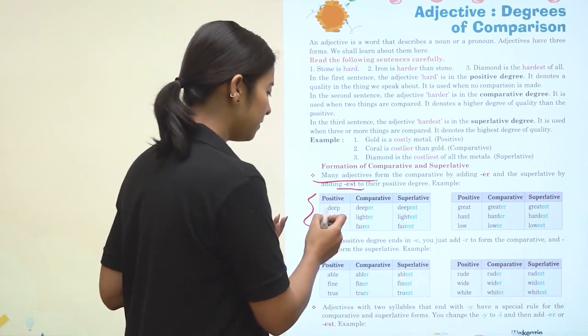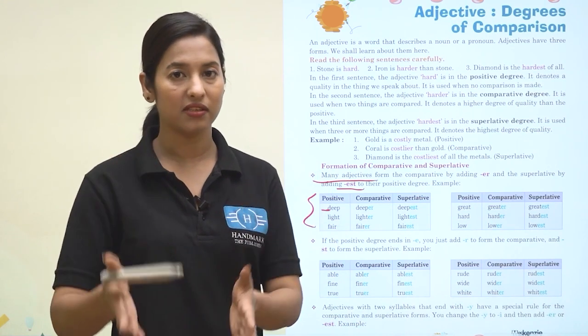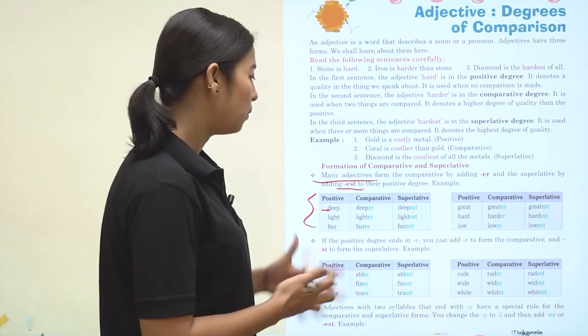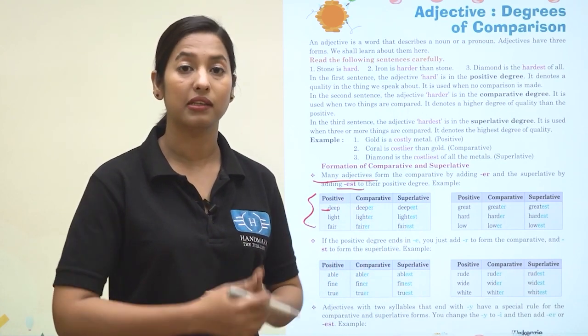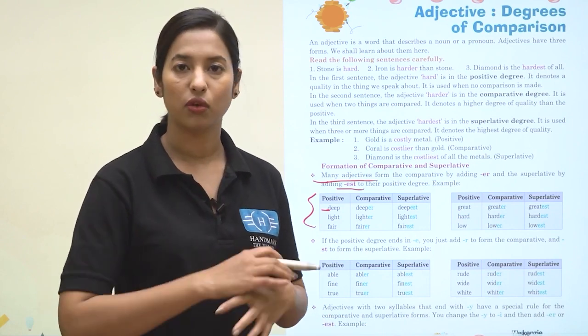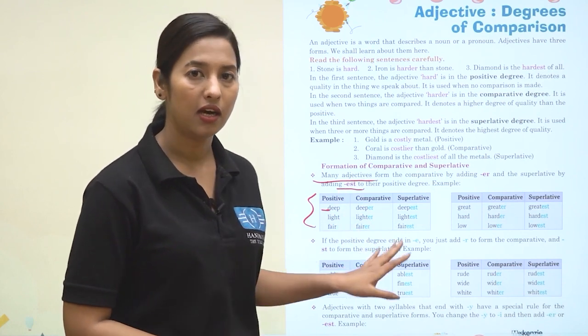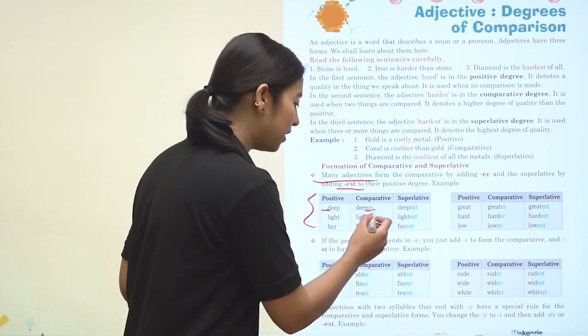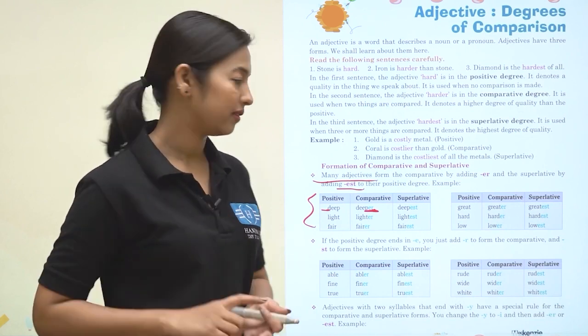So here is a word, deep. Deep is an adjective, its basic positive degree. But when we want to compare the depth of two things or two places, we use deeper. We have added er, so deeper becomes the comparative degree, and the comparative degree is used to compare two things.